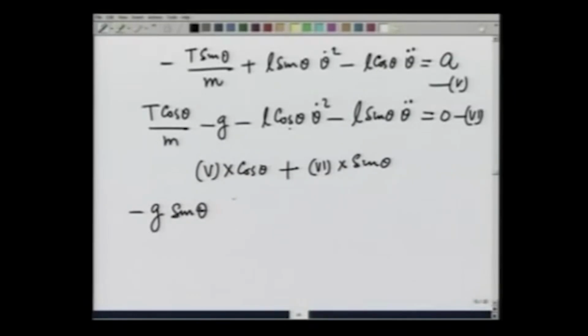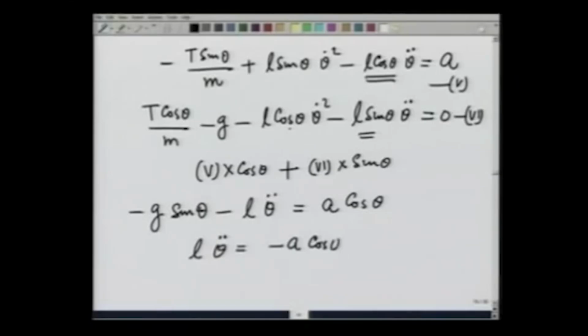These two terms give me minus L, cosine square theta plus sine square theta, that is 1, theta double dot, is equal to a cosine of theta. In other words, L theta double dot is equal to minus a cosine of theta minus g sine of theta. That is my equation for theta.